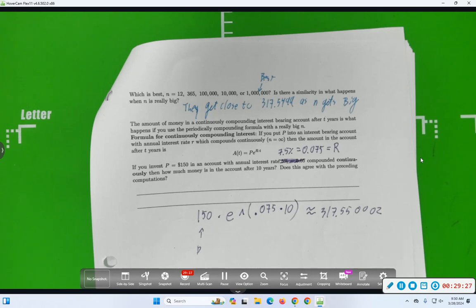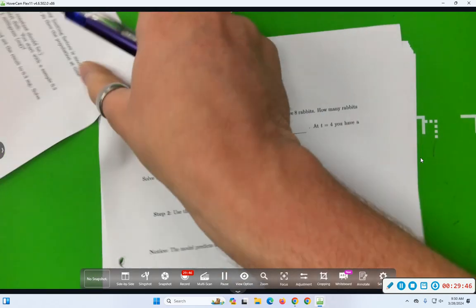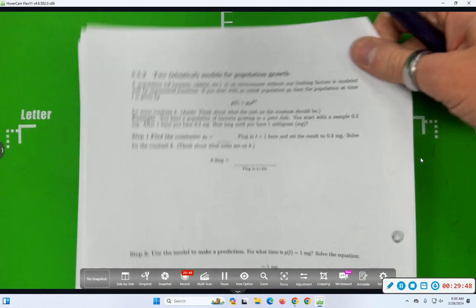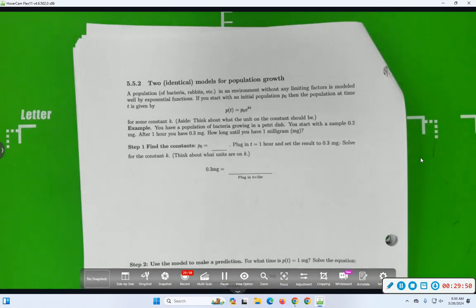If you have a population that doesn't have anything acting on it to suppress it, with unlimited food and no predators, then the only thing that holds back that population from growing is how rapidly parents can produce offspring. And the more parents there are, the more offspring will be generated. So, let's talk about population growth.